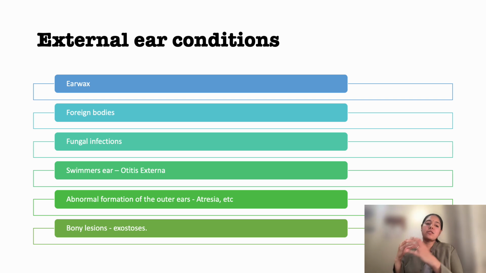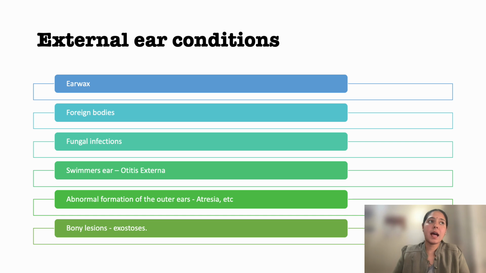They like that warm, moist environment, and that can lead to a fungal infection. These are usually treated with antimicrobial drops or antifungal drops that you can put in the ear, and very rarely need any oral medication.